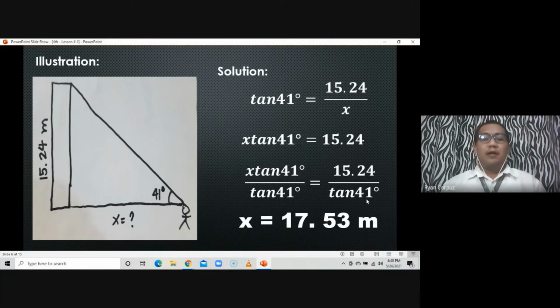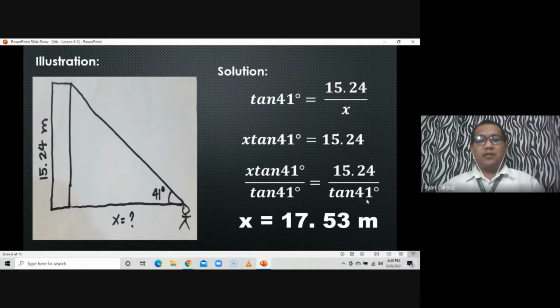Again, you have to press first 15.24, then press divided by, then press tan, press 41, press DMS, then press equals. If you're going to round up the answer to 2 decimal places, you'll come up with the value of x, which is 17.53.